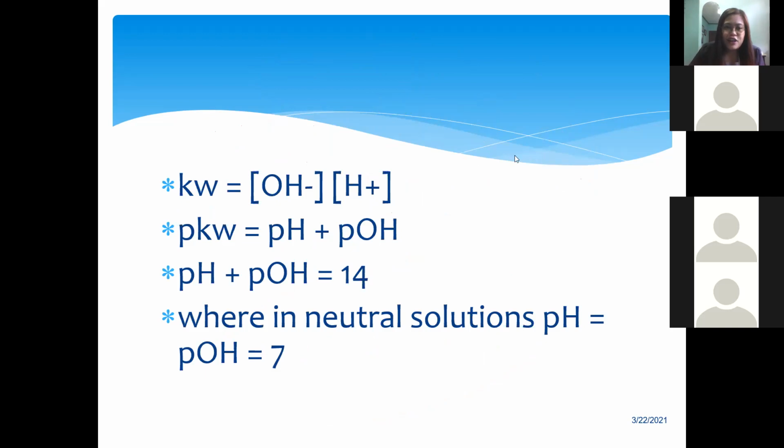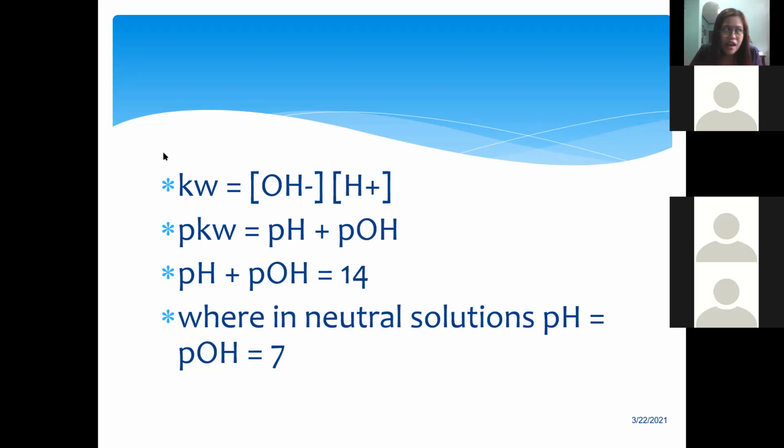Sige. So we will now move on to the determination of the pH if pOH is given. So do not be confused with this ha, kasi ipakita lang kung paano na siya nakuha. Kasi diba supposedly the ionization of water, ito siya na-discuss.